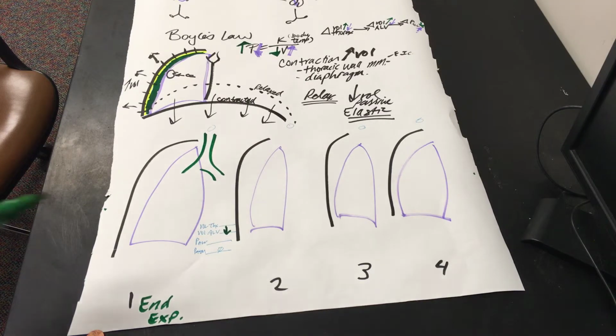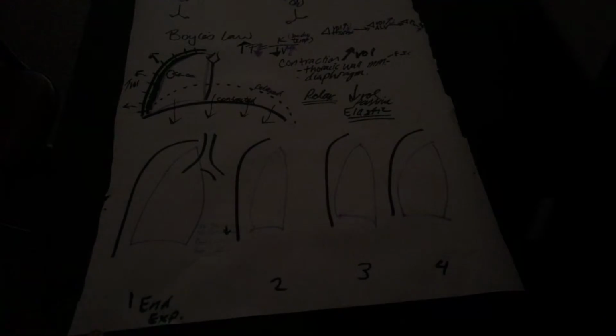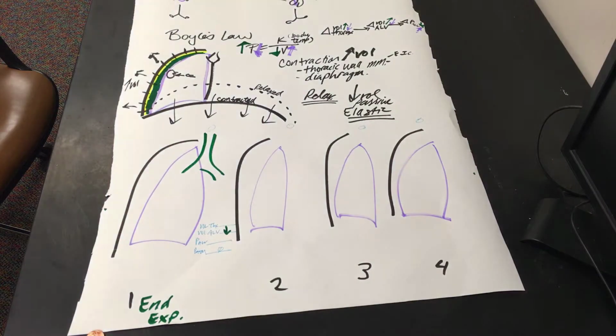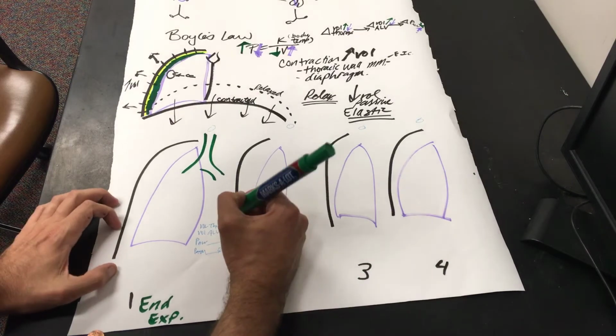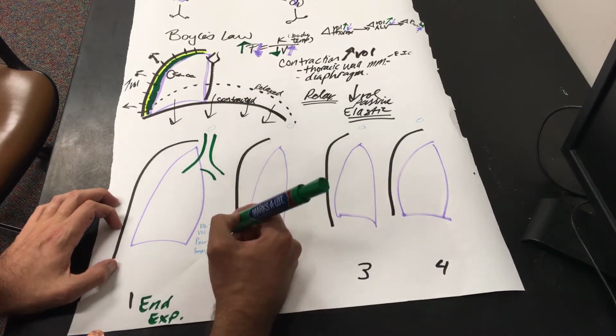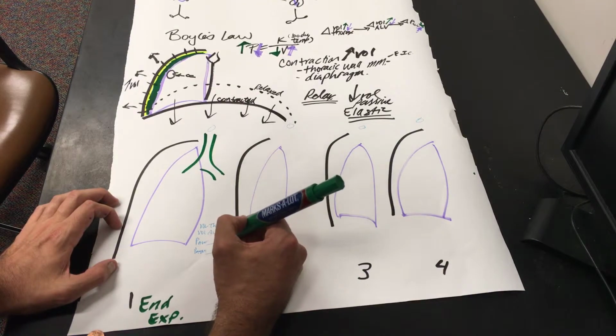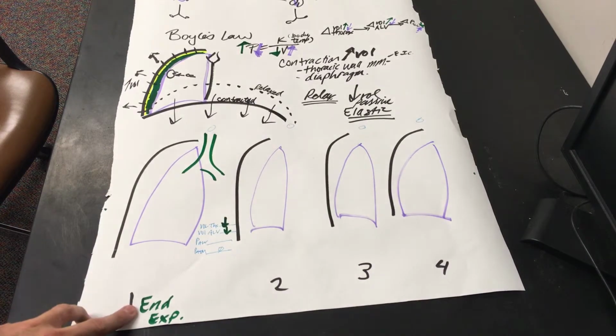The volume of the chest is low, and the volume of the alveolus is, now remember what I said about end.